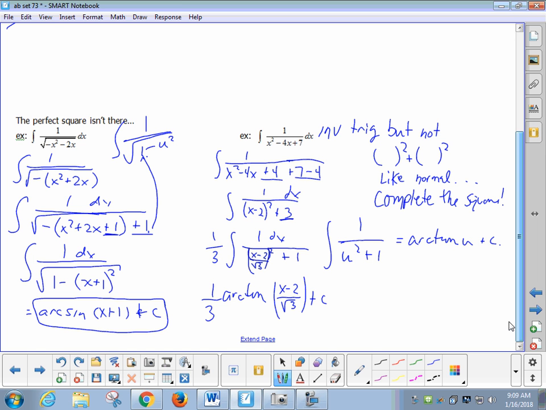I made a mistake here. Nobody said anything. What did I do wrong here? I forgot the dx that goes with my du. Shoot. Here, if u is x minus 2 over root 3, then what's du?